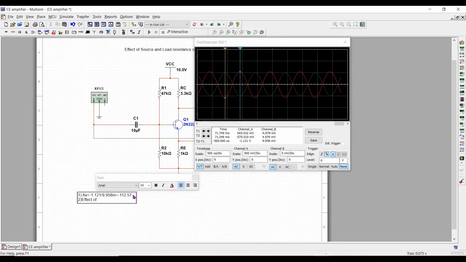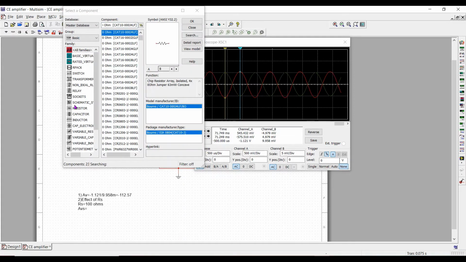Second, we will see the effect of source resistance, that is RS. So when RS is equal to 100 ohms, the notation given to the gain is AVS. S indicates that it is your source resistance. So just replace over here, your source resistance between input and capacitor.